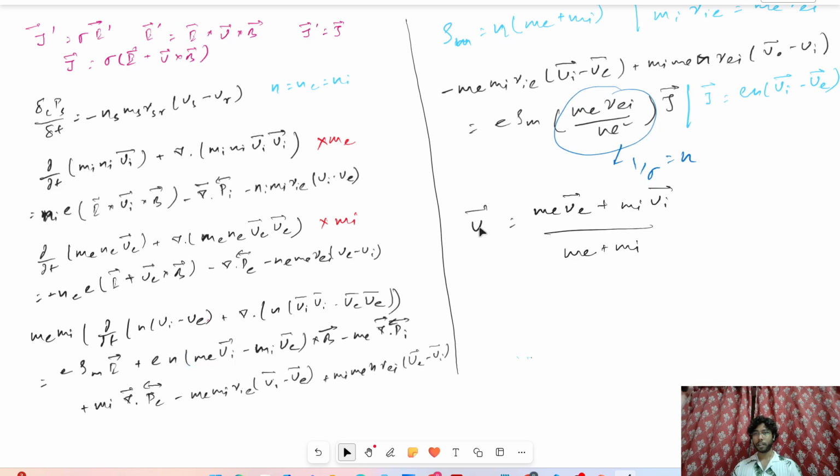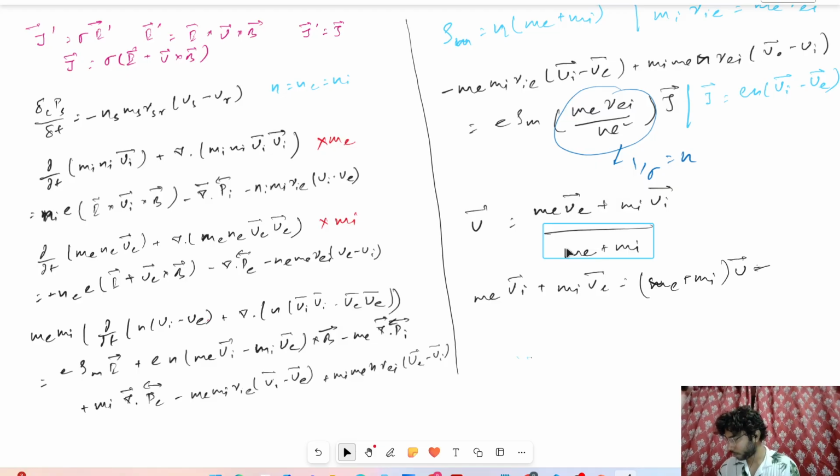So this is the average velocity, the mass weighted velocity that you get, right? And therefore, MeUi plus MiUe is equal to Me plus Mi times U minus Mi minus Me times J by E.